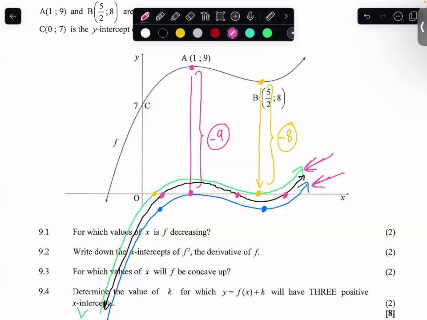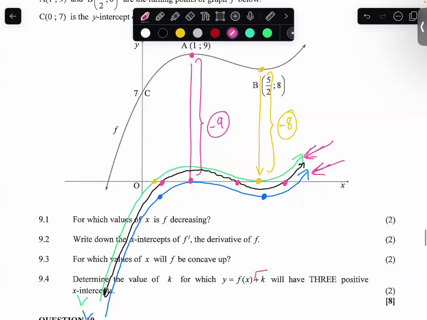So that must mean that K, the translation or the movement of the graph down, has to be a translation between 9 units and 8 units down, which means between -9 and -8. K has to be a translation between 9 and 8 units down.